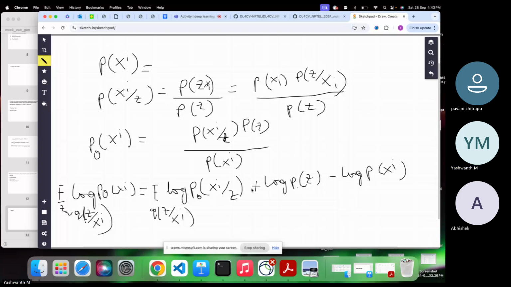And the expectation under q of z given xi. And here there's no dependency on it, it should be what?